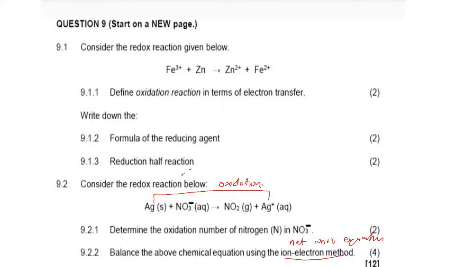And then let's look at this from NO3- to NO2. Remember, we've already identified that the oxidation number of nitrogen here is +5.